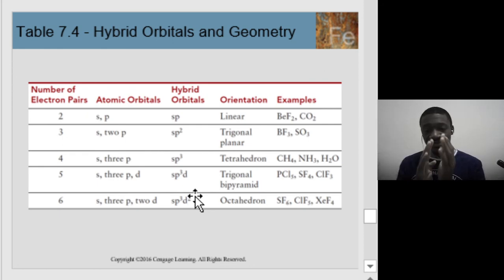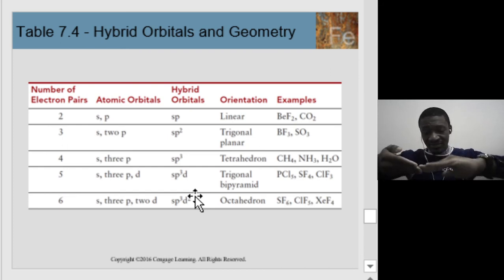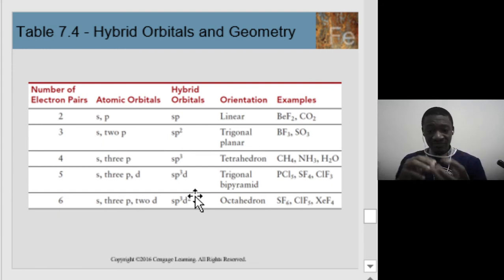So the sp hybridization can give you an s and a p, which is linear, and the explanation is this: once you have one s and one p, it gives you 2 sp, and those 2 sp will lie on the linear plane. Then when you have 1 s and 2 p's, you're going to have 3, and that 3 will give you the trigonal planar.